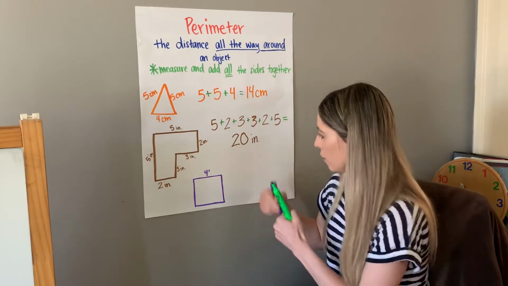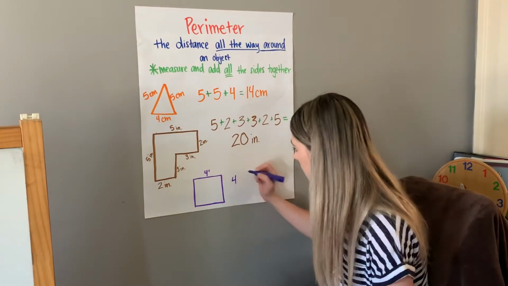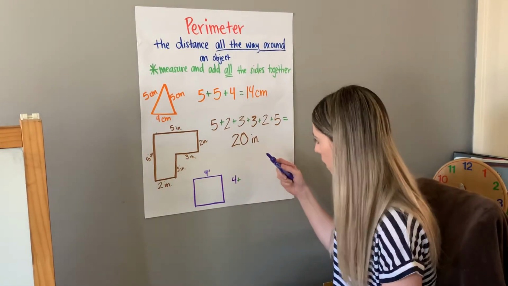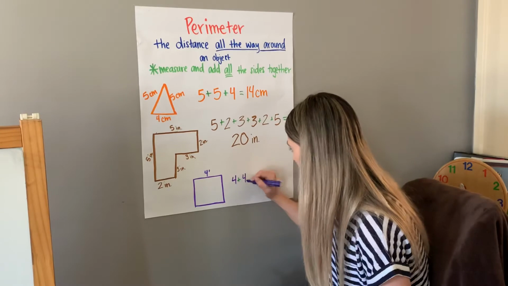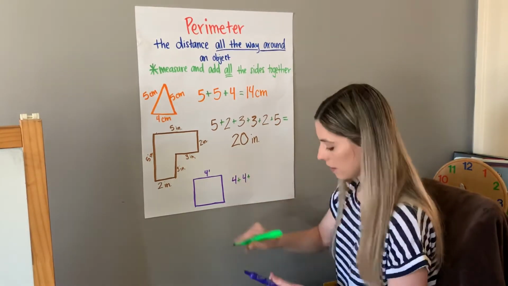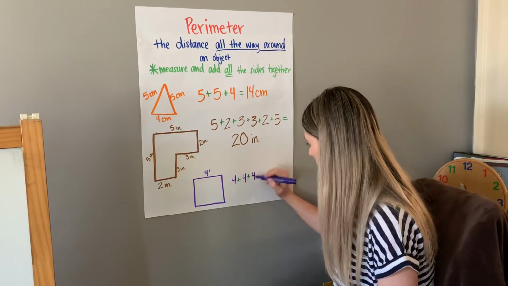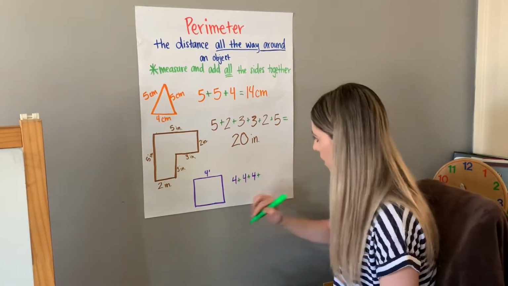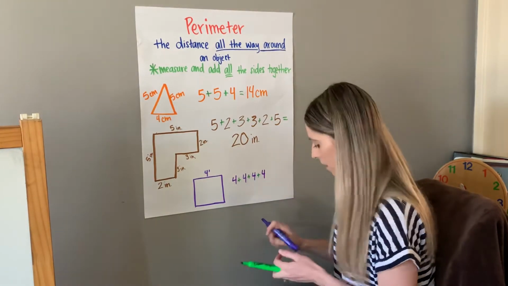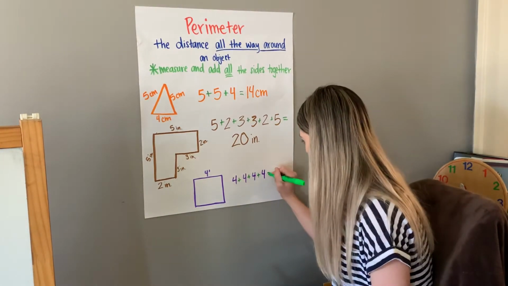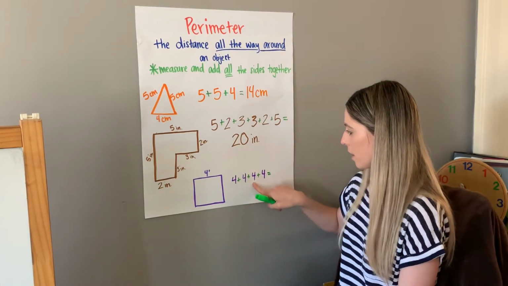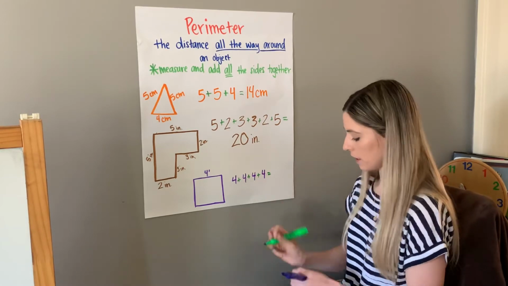So I'm going to do 4, the top, plus the right here, 4, plus the bottom is 4, plus the left is 4, equals 4 plus 4 is 8, 8 plus 4 is 12, 12 plus 4 is 16.